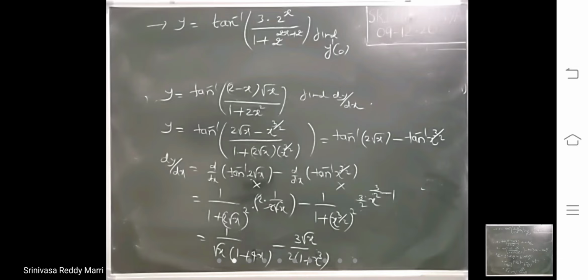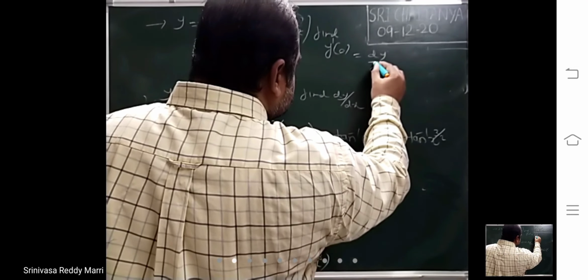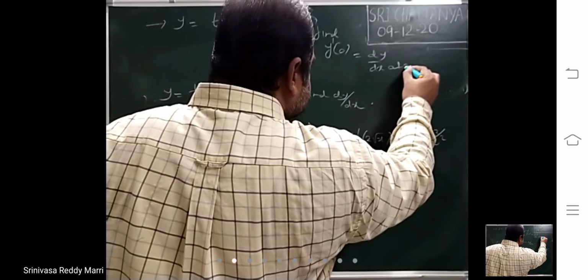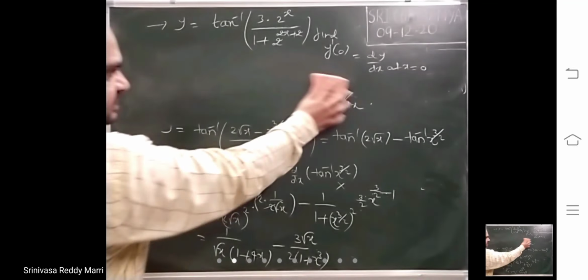Y dash 0 means dy by dx at x equal to 0.